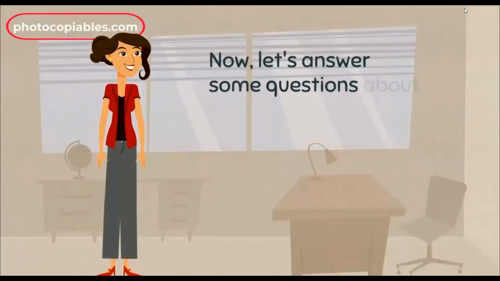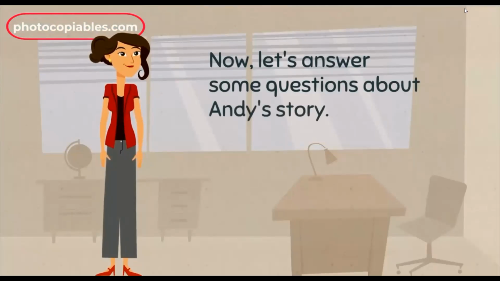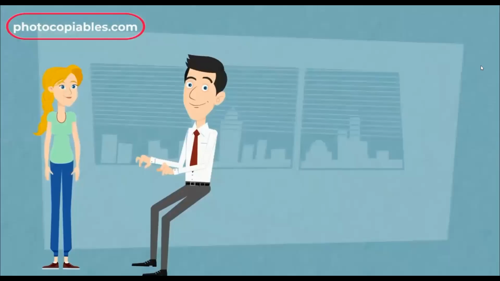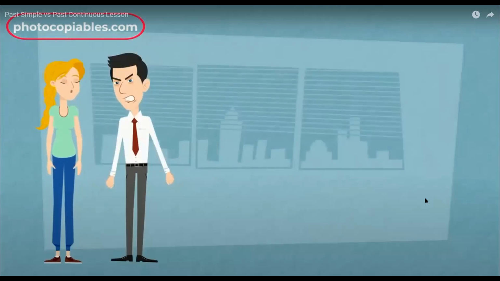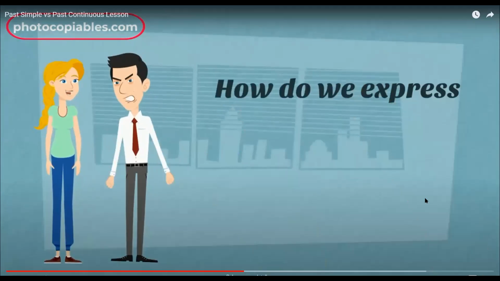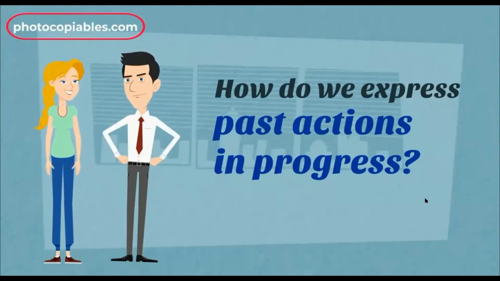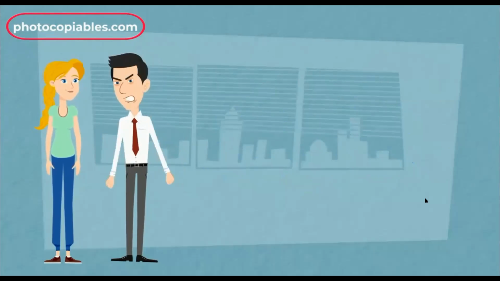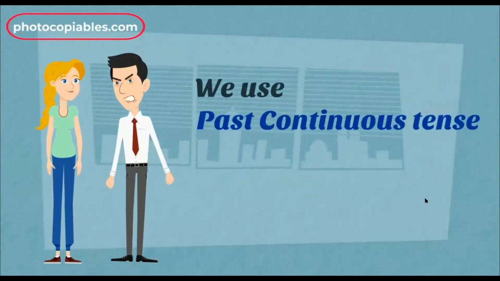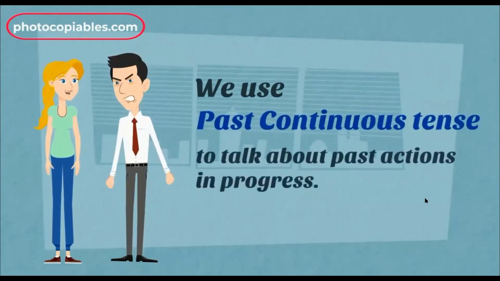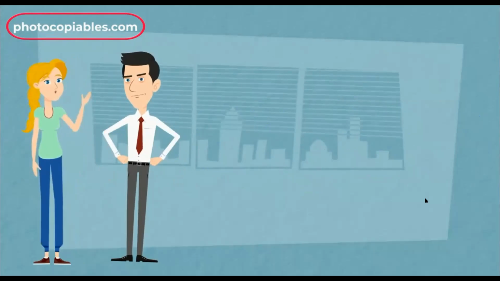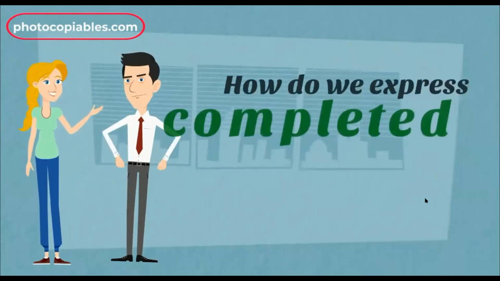Now, let's answer some questions about Andy's story. How do we express past actions in progress? We use past continuous tense to talk about past actions in progress. How do we express completed past events?